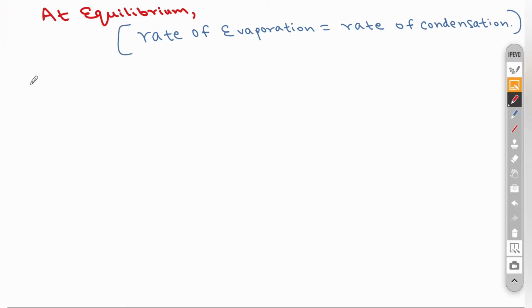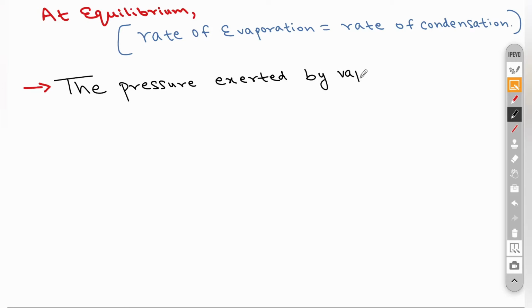Also, we can write two important points here. The first one is the pressure exerted by vapors at equilibrium. The pressure exerted by vapors at equilibrium is called vapor pressure.